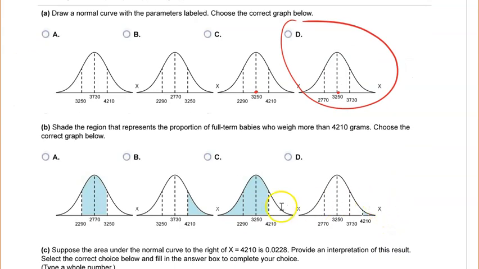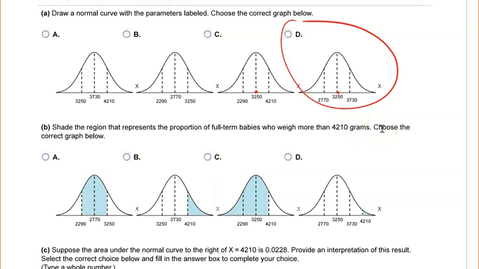Now part B: shade the region that represents the proportion of full-term babies who weighed more than 4210 grams. Choose the correct answer below. You're looking for the area which has a shadow for more than 4,210 grams.